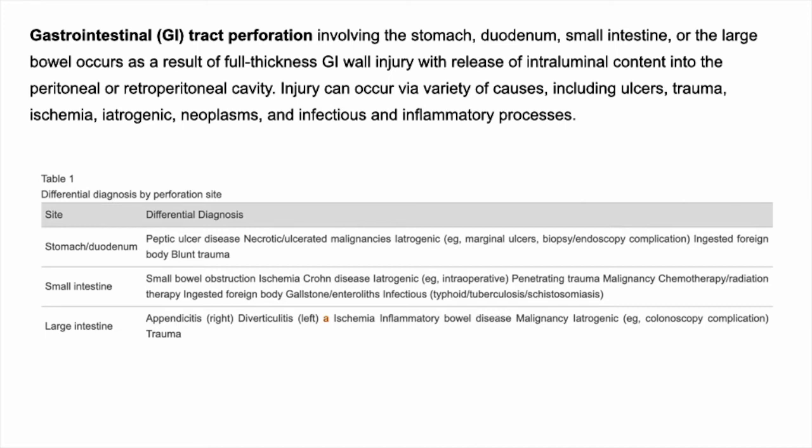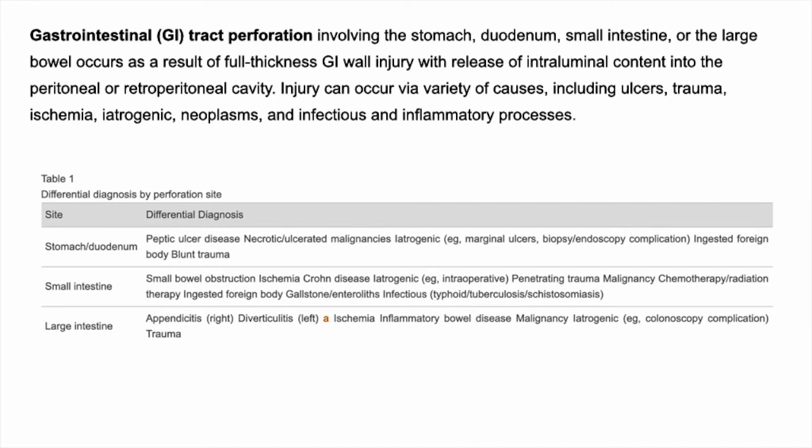So you know when you have this bowel injury, the perforated bowel is going to release intraluminal content and air. So it can produce a peritonitis, which in the majority of cases can become severe. And at the same time, it's going to produce pneumoperitoneum, and you receive this patient with severe abdominal pain.